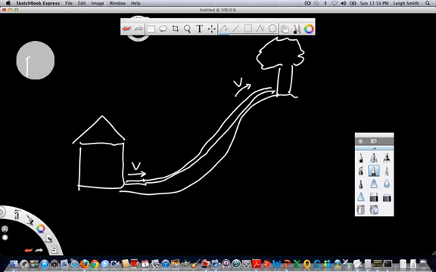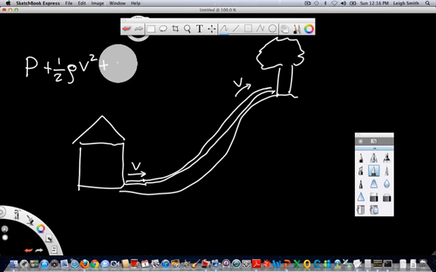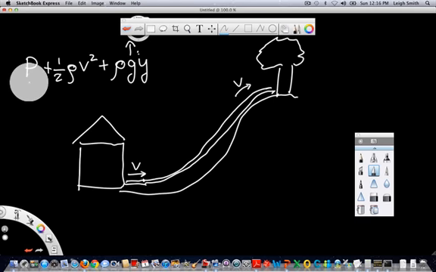And so Bernoulli's equation essentially says that since the kinetic energy never changes, the only choice as the gravitational potential energy increases is that the pressure has to go down as you go up the hill.